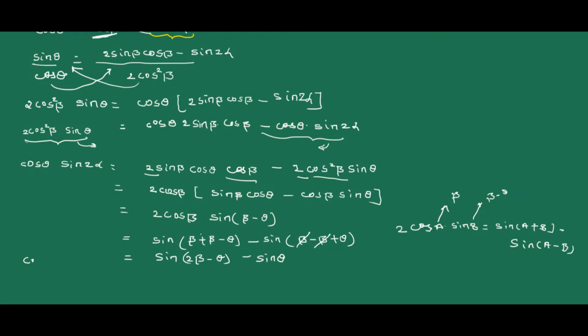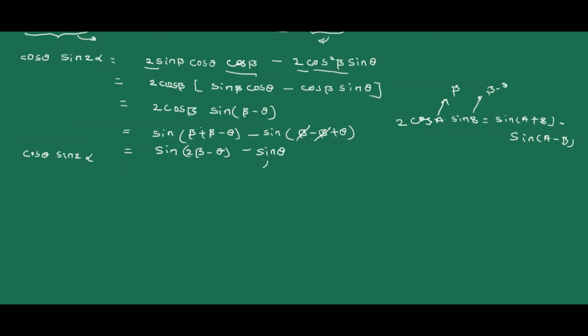So left hand side we have cos theta into sin 2 alpha. Now transpose minus sin theta to the left hand side. You will get cos theta into sin 2 alpha plus sin theta. Then in RHS we are left with sin into bracket 2 beta minus theta.